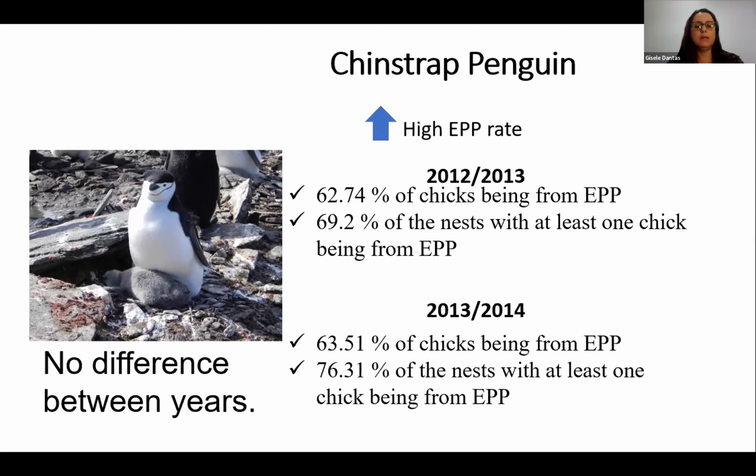In the second year, we found around 63% of the chicks being from extra-pair paternity, corresponding to 76% of the nests with at least one chick from extra-pair paternity. That is very high compared to what was expected.